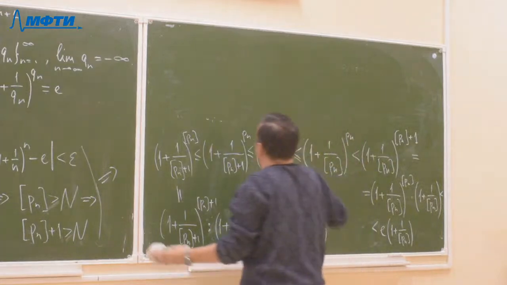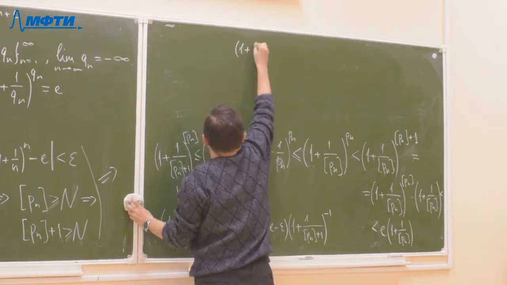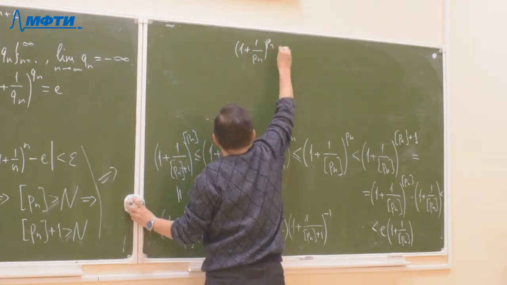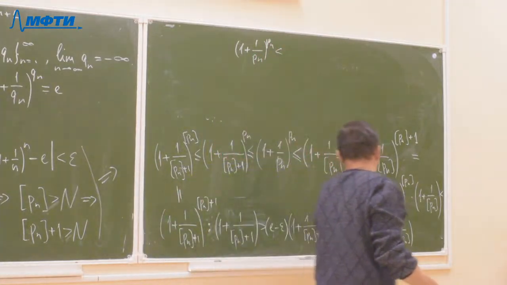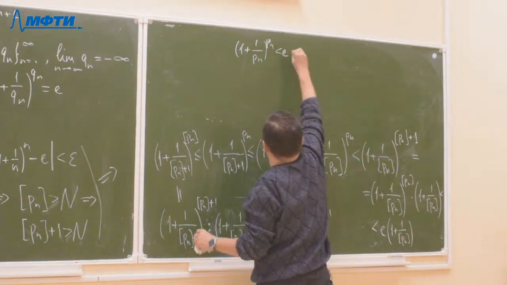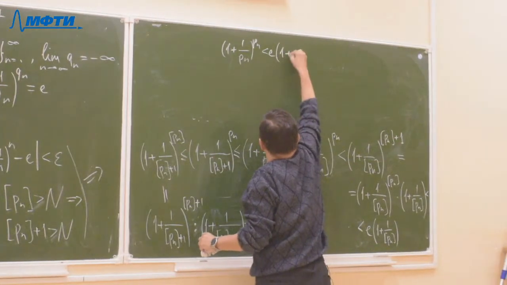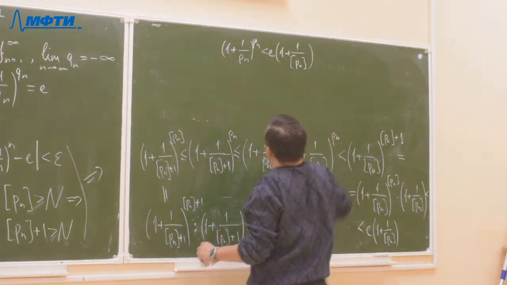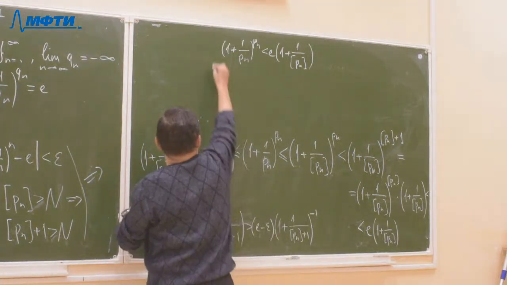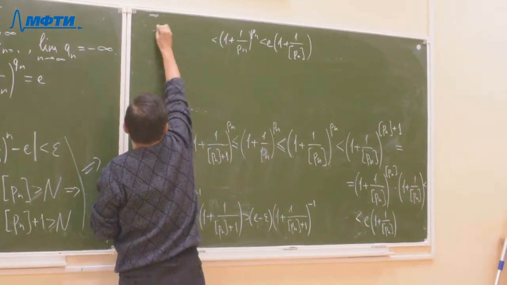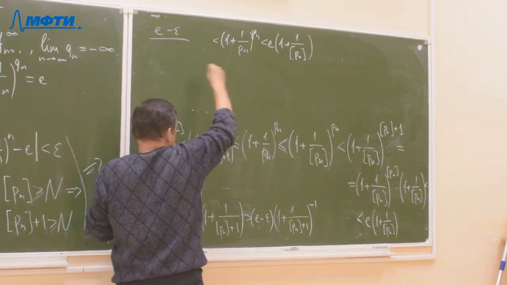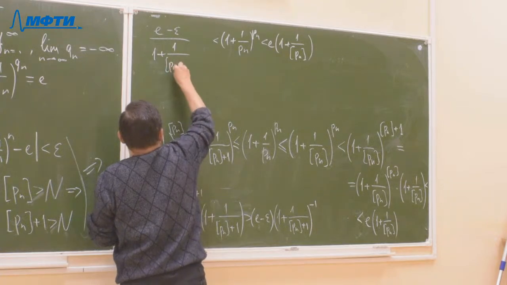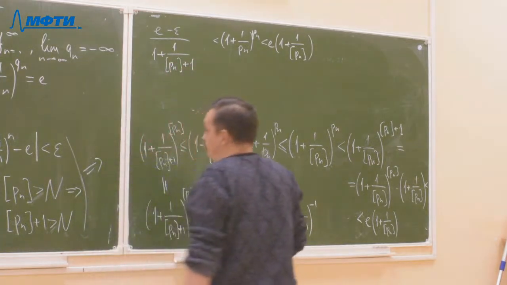We obtain the following inequalities: 1 plus 1 over Pn to the power Pn is less than, from one side, e times 1 plus 1 over integer part of Pn, and greater than e minus epsilon over 1 plus 1 over integer part of Pn plus 1.